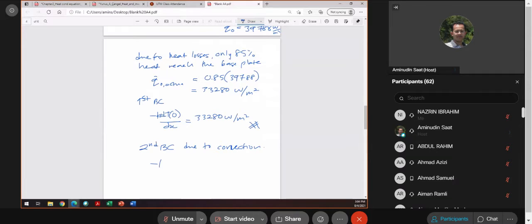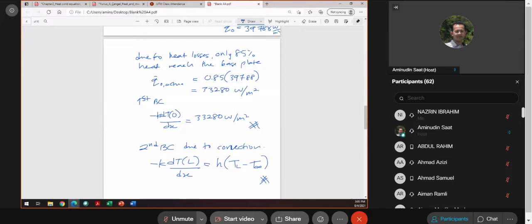Negative K dT at L divided by dx equals h times (T_L minus T surrounding). So this is the second condition.